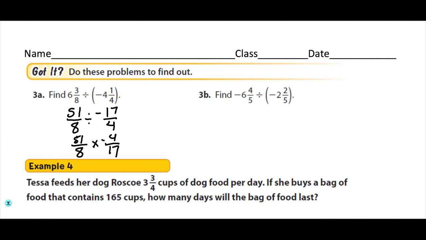So we have a 4 and an 8. 4 goes into -4 -1 time, and it goes into 8 2 times. And we have 17 times 3, which is 51.